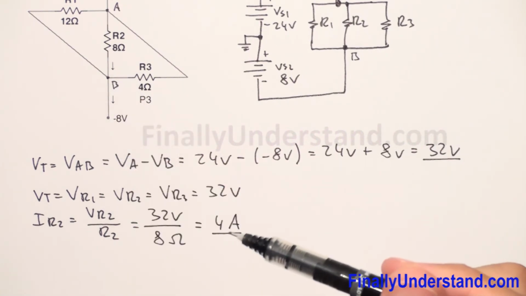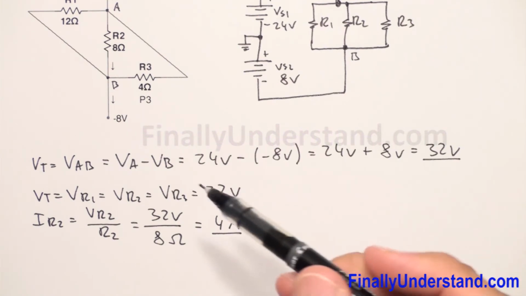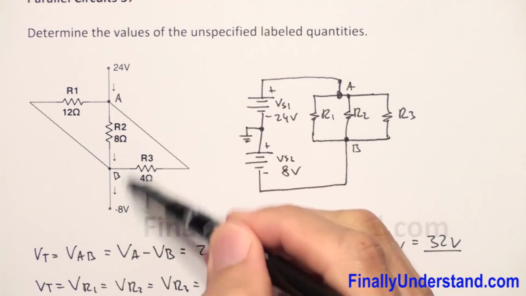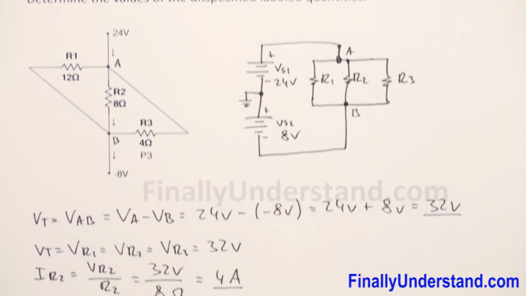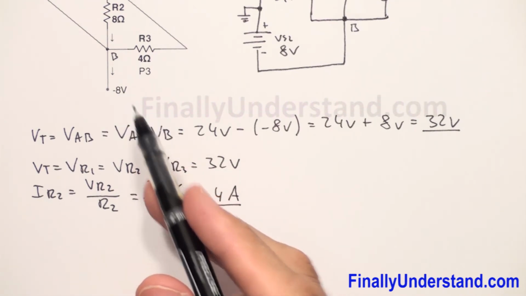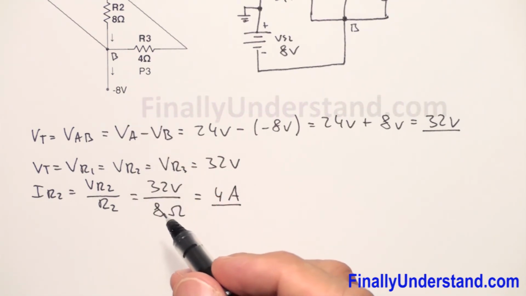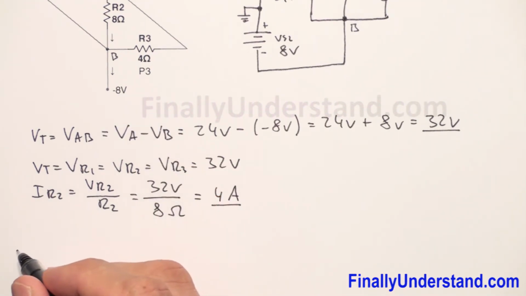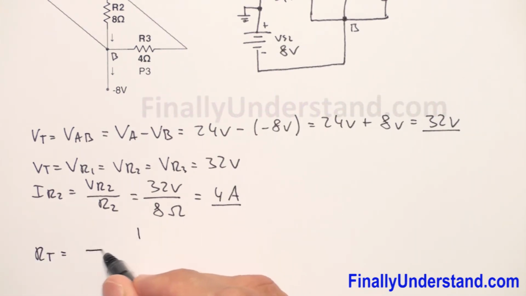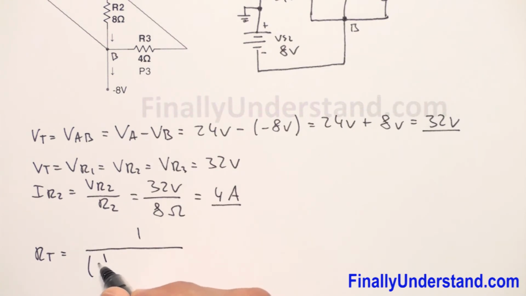Next, we're supposed to find the total current in this circuit. In order to do that, I'm going to find the total resistance. I have 3 resistors, that's why I'm going to use the following formula. R total is equal to 1 divided by, open parenthesis, 1 over R1 plus 1 over R2 plus 1 over R3.